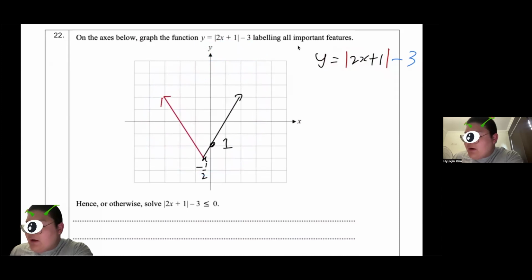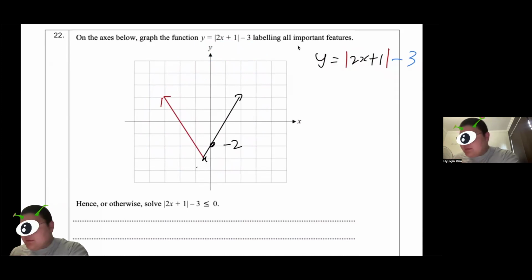Boom. Now, what happens to my y-intercept then? It becomes -2. And what once was my x-intercept becomes the point (-0.5, -3). That's my vertex. Now, for these two x-intercepts, you can probably see it if you draw it to scale, but you want to also solve it.